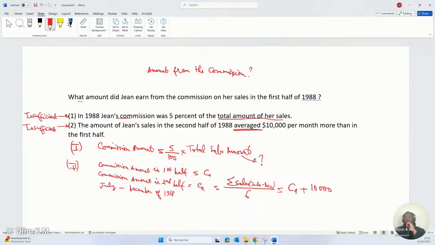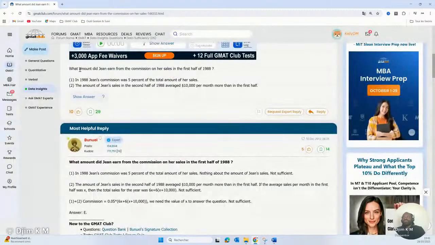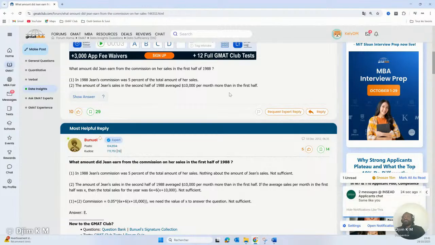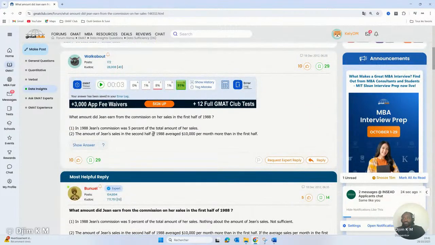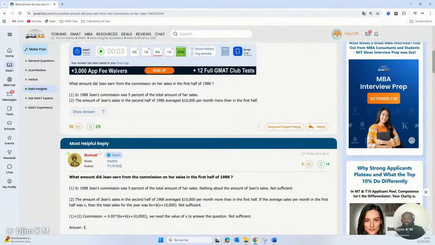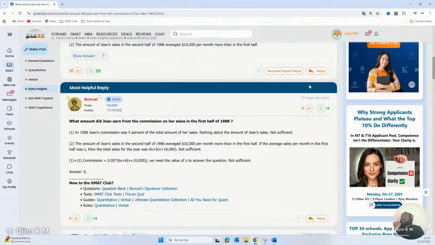If we take both of the conditions together, here we don't have the total sales amount. I think it's answer E. Let me check the answer. What is the explanation here? So nothing about the amount of sales. Not sufficient.